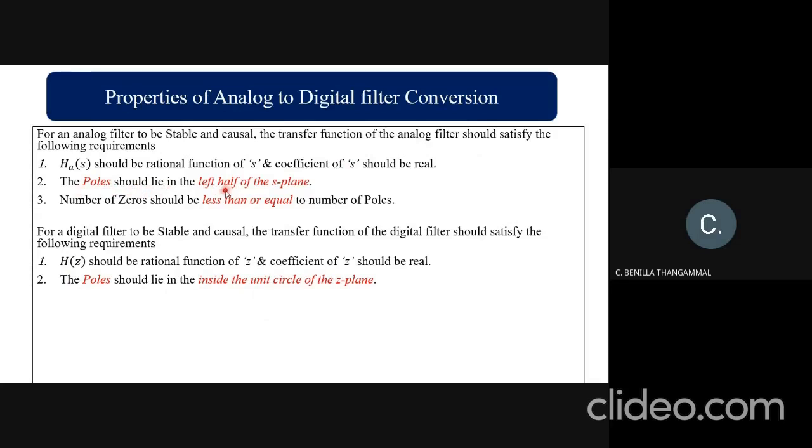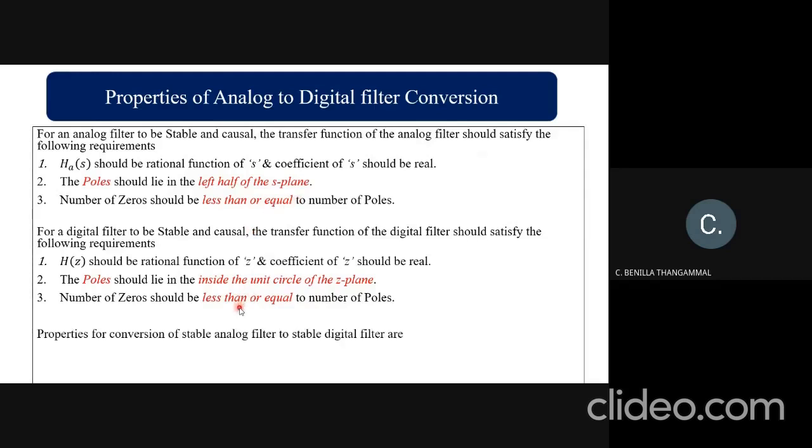So if I want to convert a stable analog filter into a stable digital filter, the poles which lie in the left half of the s plane should be converted to inside the unit circle of the z plane. The number of zeros should be less than or equal to the number of poles, so there is nothing much different in the third property here.